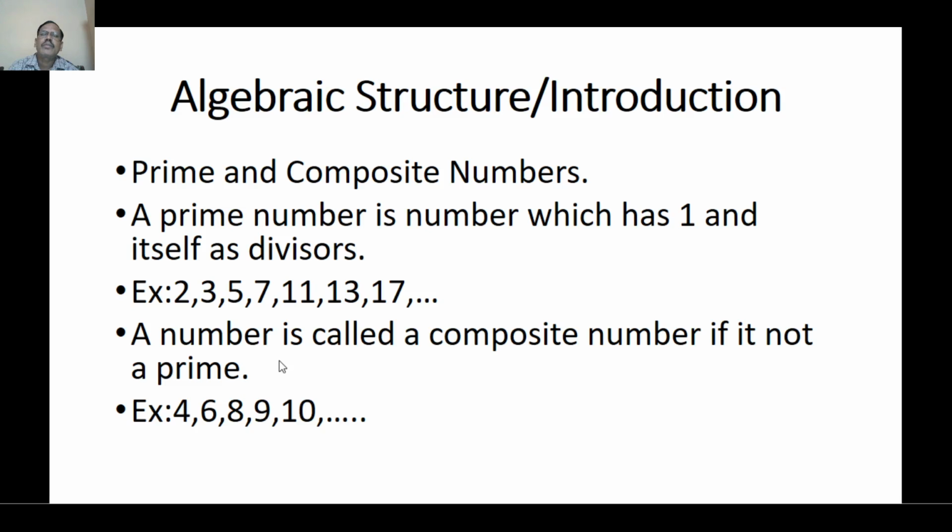Take 9: 1, 3, 9. So all these numbers have divisors other than 1 and itself. But 2, 3, 5, 7, 11, 13, 17 are the prime numbers which have only 1 and itself as divisors and no other divisors. Therefore these are called prime numbers and these are called composite numbers.